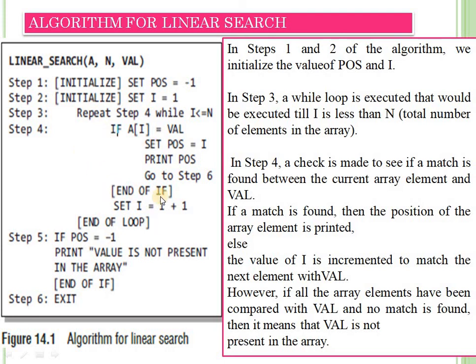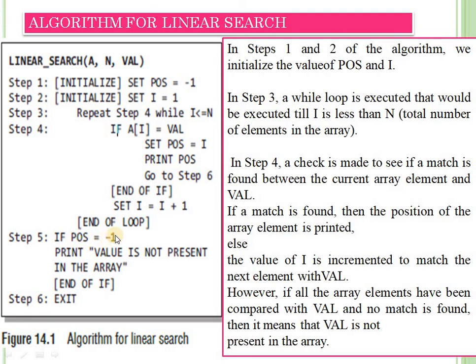Here we are repeating step 4 until I is less than or equal to n, meaning the size of that array. Only then we are doing this comparison. Okay. Step 5.